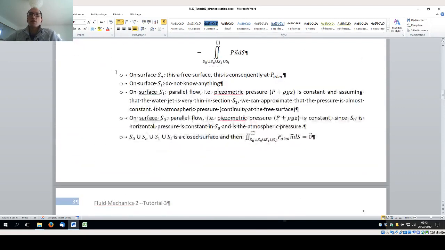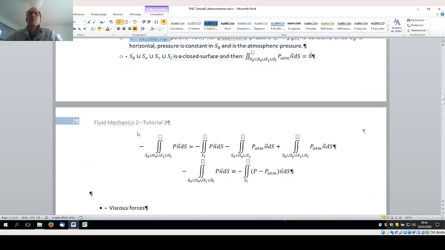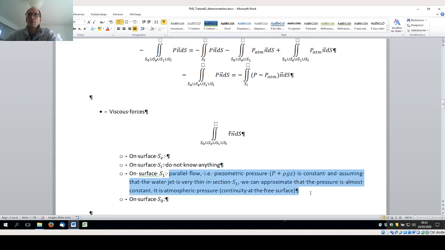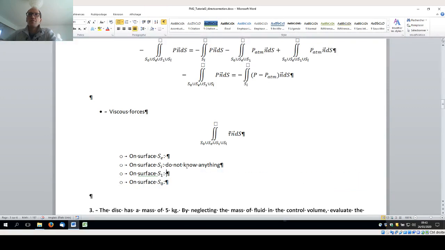So we can take again do this. So on surface SE, so we'll start on Si, I do not know anything on the solid surface, because this is actually what I'm looking for.